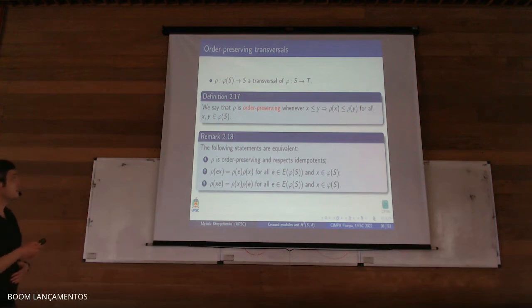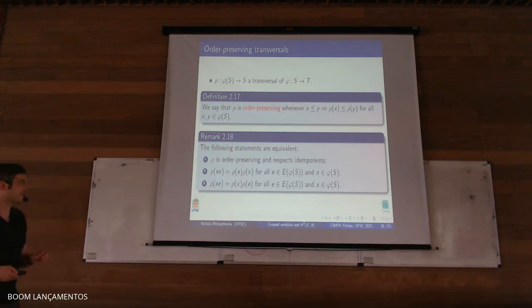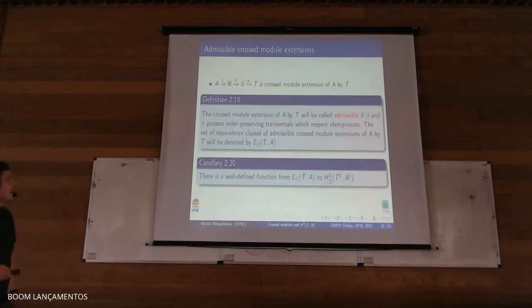And I said that rho is order-preserving if it satisfies this condition. What are order-preserving transversals? If it's order-preserving and respects idempotents at the same time, then it's almost a splitting, almost a homomorphism. It splits products in which one element is an idempotent, but not all the products.